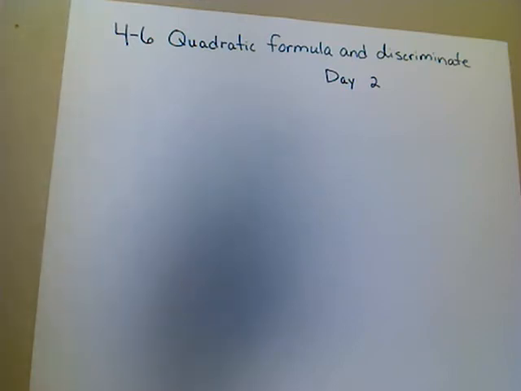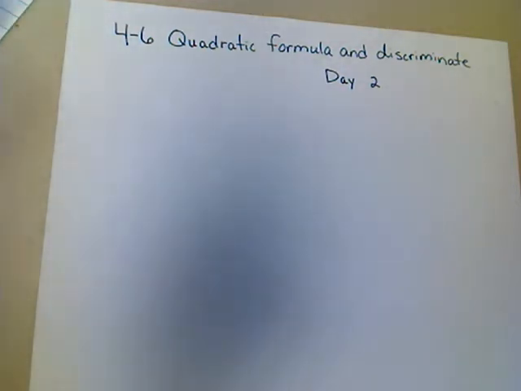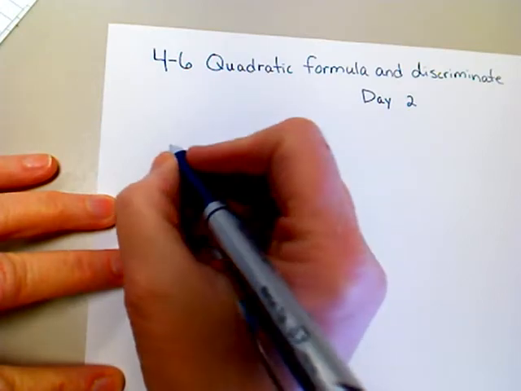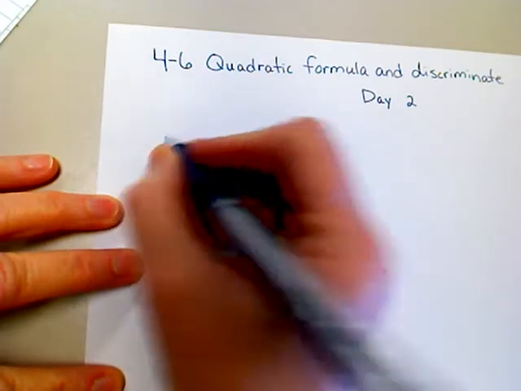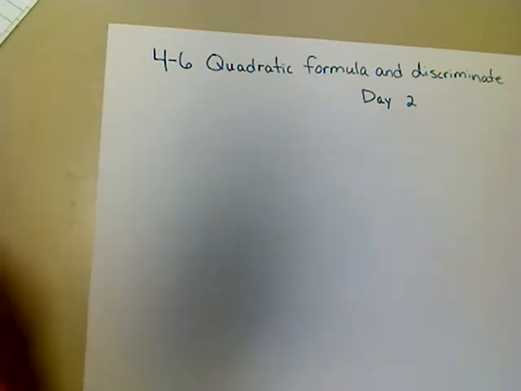Okay, so today I'm going to go over with you day 2 from yesterday's lesson on quadratic formula and discriminant. And I want to talk specifically about the discriminant. The discriminant tells us what kind of answers we're looking for in a quadratic equation.